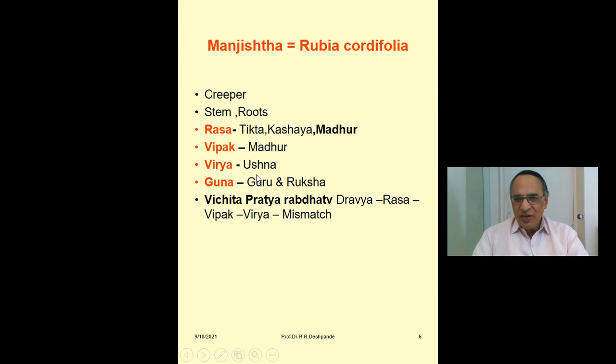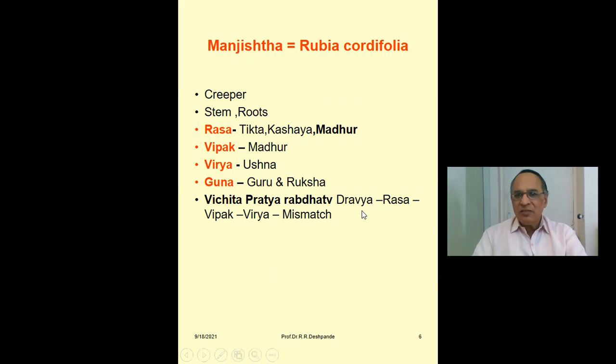Virya, potency, is hot; Manjistha is Ushna Virya, a hot plant. Guna, the properties: Guru, sometimes it is nutritious, and Ruksha, a cleansing effect. Unwanted secretions, kleda, will be absorbed from the different cells.